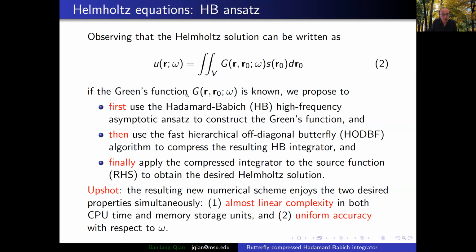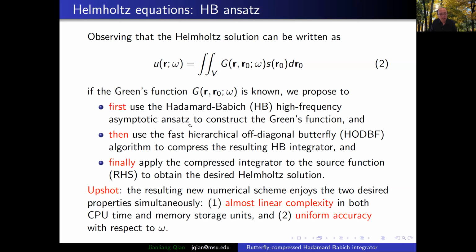If we know the Green function of the Helmholtz equation, then the solution can be written down like this: just an integration of the Green function with respect to the source function. So this is the essential solution formula. The assumption here is that the Green function is given, then we just need to carefully develop a good fast algorithm to evaluate this integral.